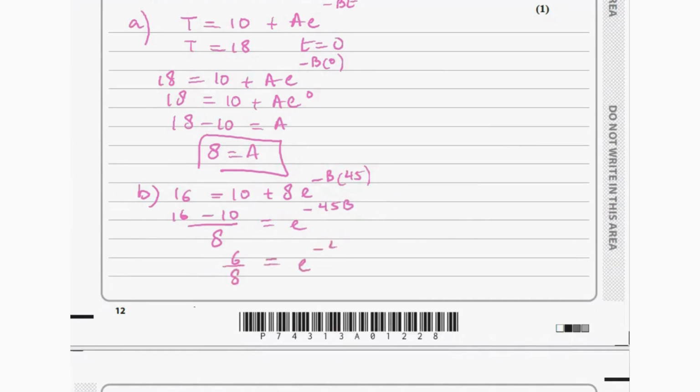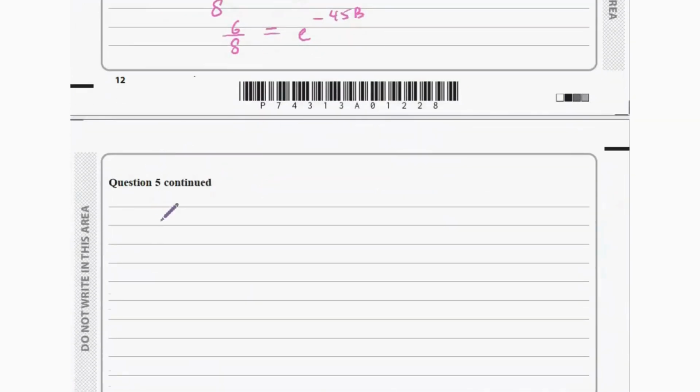To remove the e, we'll put ln on both sides. So ln 6 over 8. Over here, ln e to the power of negative 45B. We bring the power down, as we know we can do that in logs, and ln e has the value of 1.